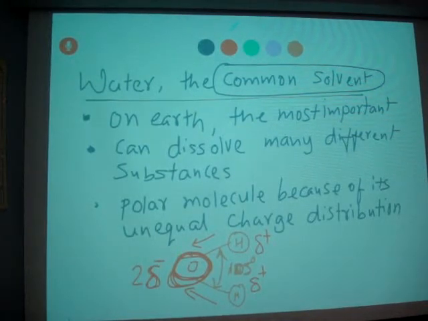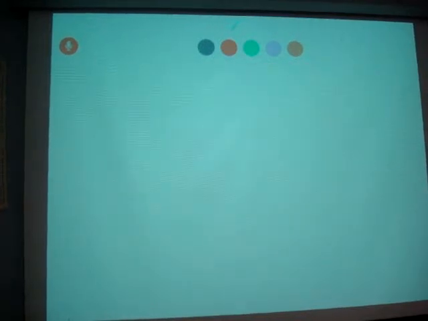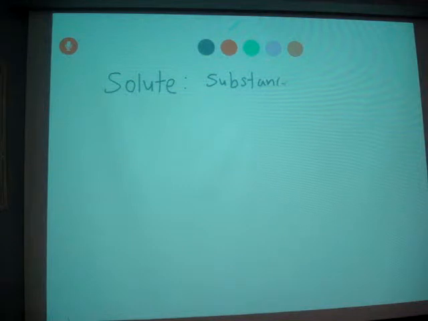Now we are going to talk about the types of components in a solution. So we have solute. When we make a solution, we need a solute. What is a solute? The substance being dissolved.